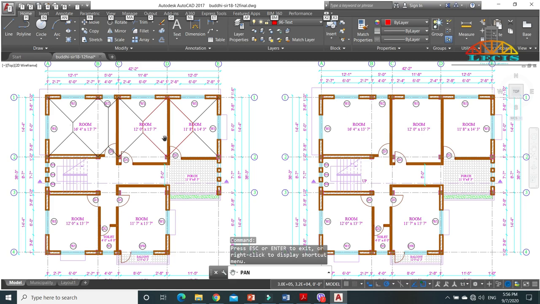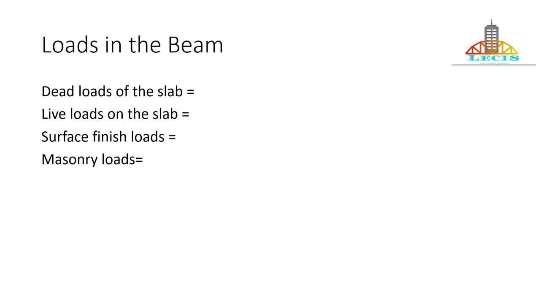The loads taken by this beam will be dead loads of the slab enclosed by this area, live loads, surface finish loads of the slab, masonry load on the beam, and self weight of the beam itself. So to calculate the dead load of the slab, we need to calculate the area enclosed by the yield lines.